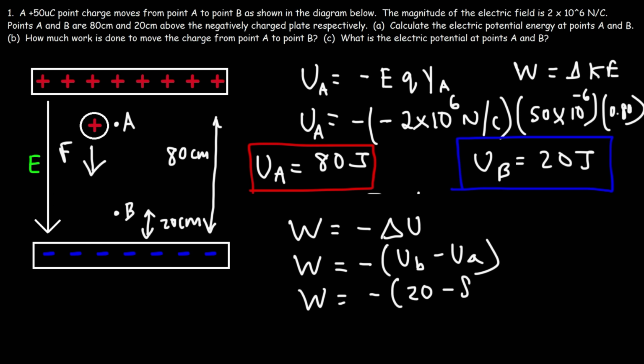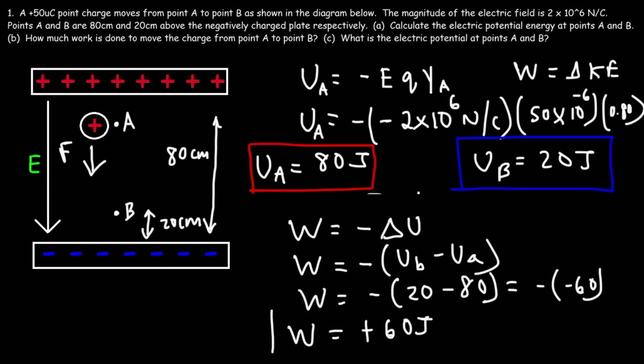The initial is 80. So it's going to be negative 20 minus 80, which is negative 60. So as we can see, the work done is positive 60 joules. So that's the answer for part B. So that's how we can calculate how much work is done going from point A to point B.